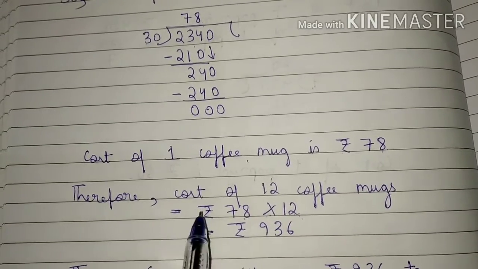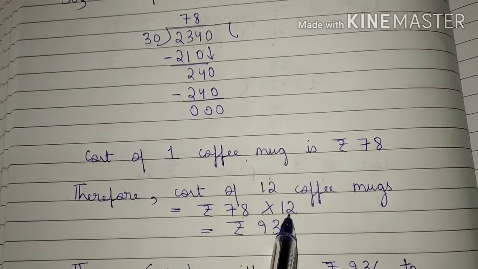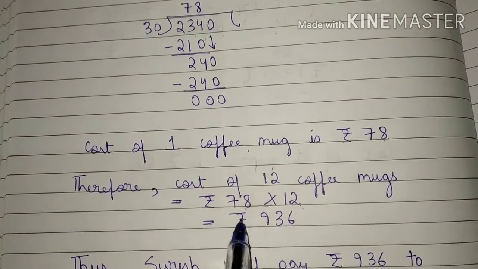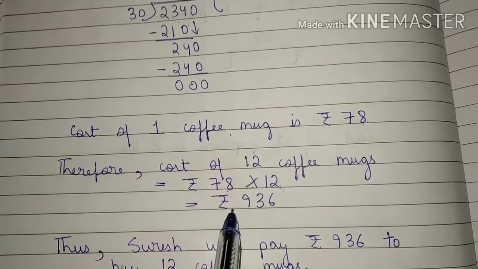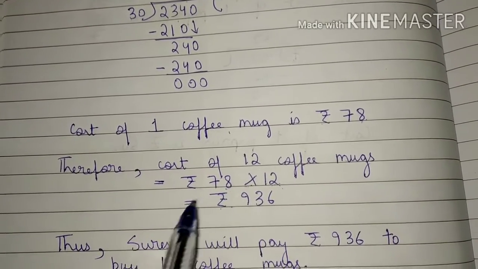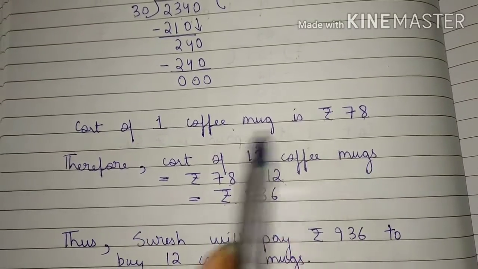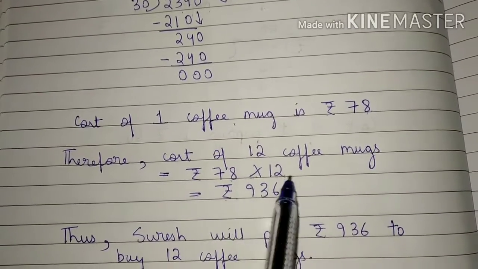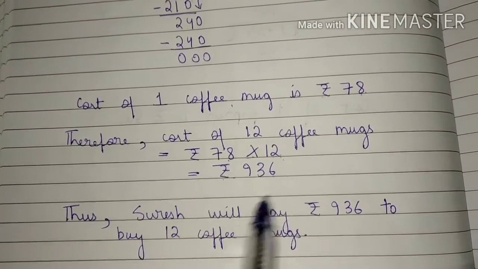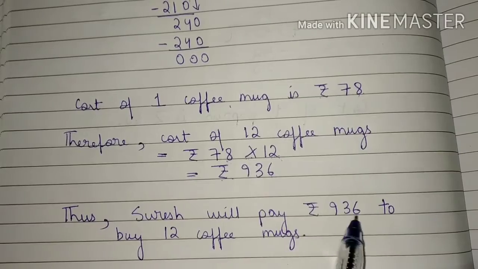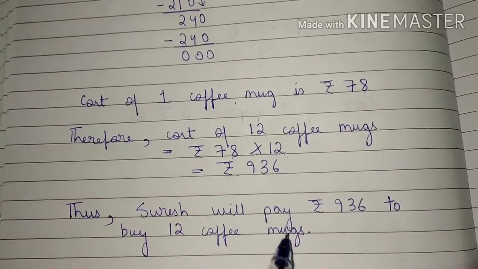Now students, when you multiply rupees 78 by 12, you will get answer rupees 936. So, cost of 12 coffee mugs is rupees 936. Thus, Suresh will pay rupees 936 to buy 12 coffee mugs.